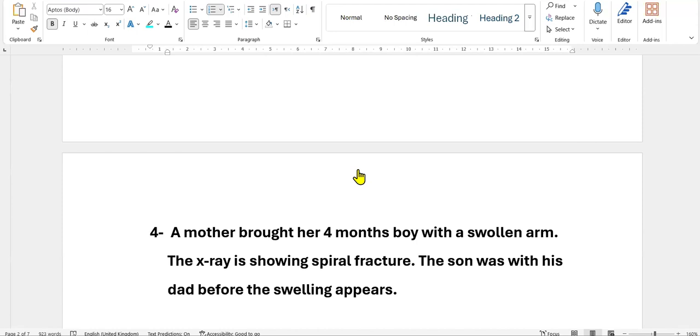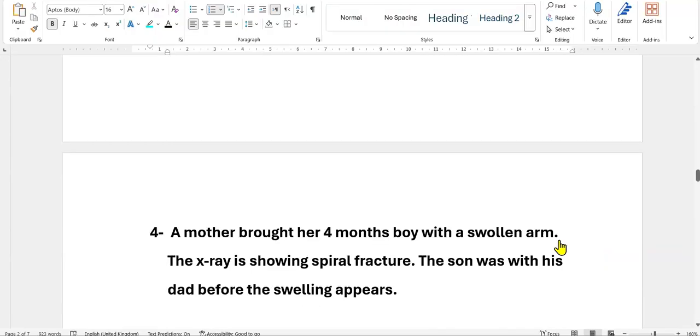So if I'm going to tell the mother the diagnosis in a way which is not pointing to anyone, you tell her, well, Alexia, as you know, your child has a swelling in his arm, we have done an X-ray, and unfortunately the X-ray showed that he has a fracture.